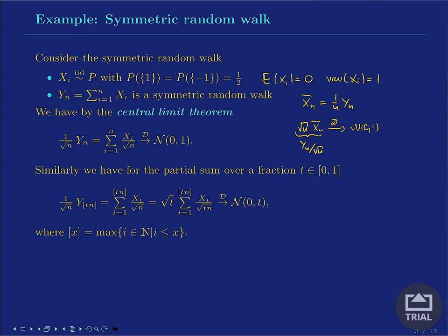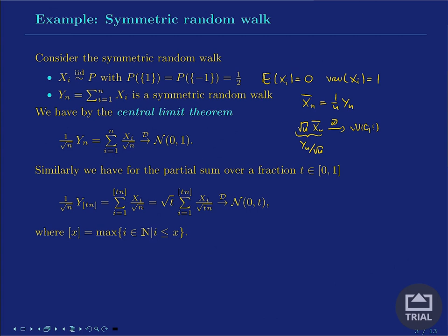So, for instance, t could be a third, a half, 3/4. If we only sum 1/3, a half, or 3/4 of the observations or random variables xi that we have, starting from the beginning, i equals 1.